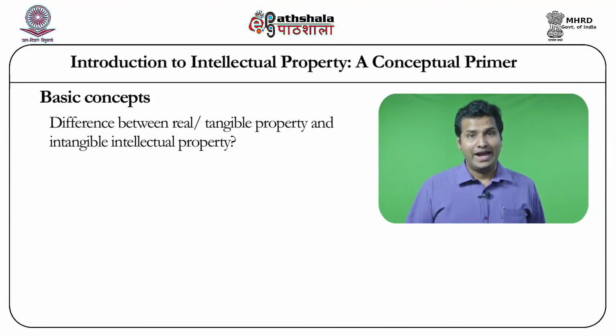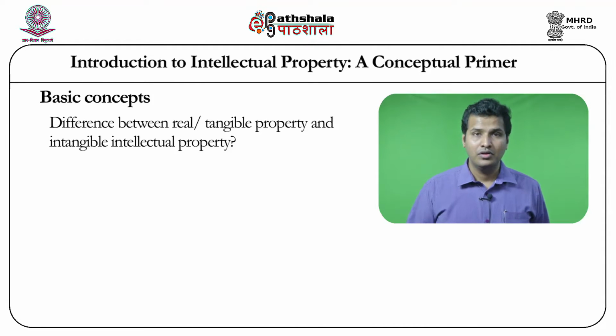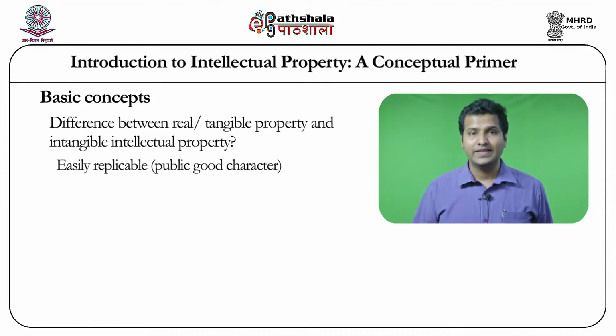Unlike in case of land or in case of products as in chattels, intellectual property is easily replicable, in the sense that the marginal cost of producing one additional product involving intellectual property is much easier when compared to physical forms of property or real property as in land and chattels.